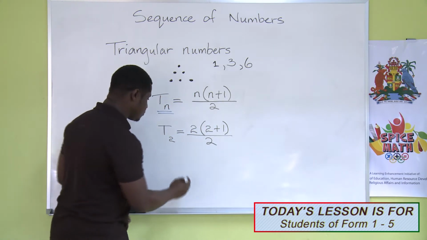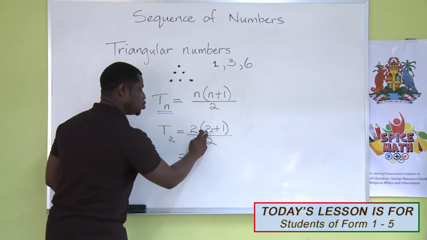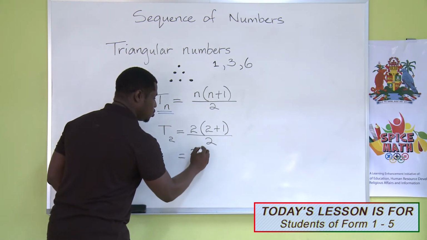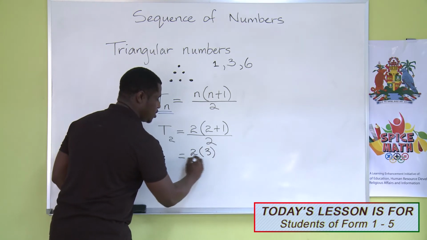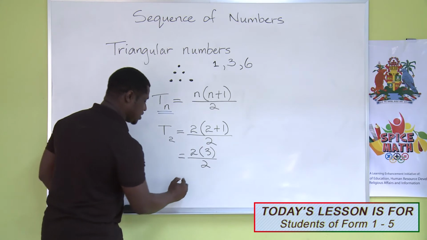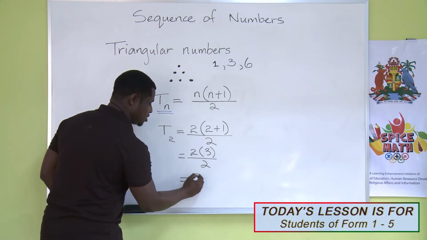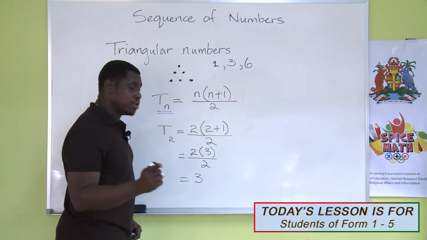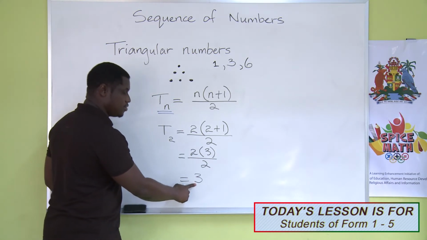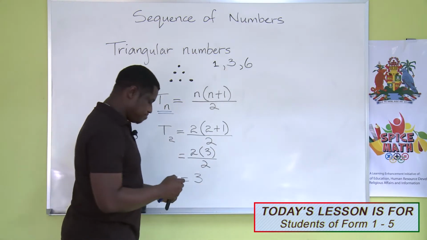Let's work it out. 2 plus 1 gives me 3. 2 times 3 divided by 2. And 2 times 3 gives me 6. 6 divided by 2 is 3. So we found here that the second triangular number is indeed 3. Right?